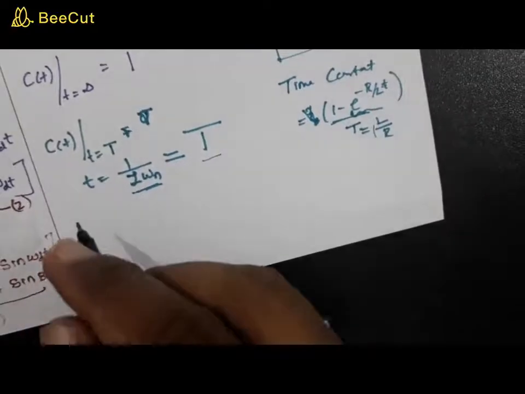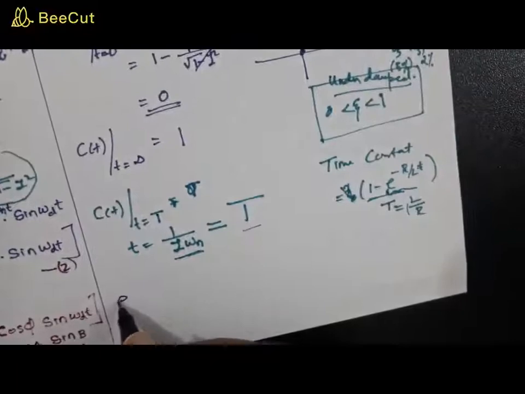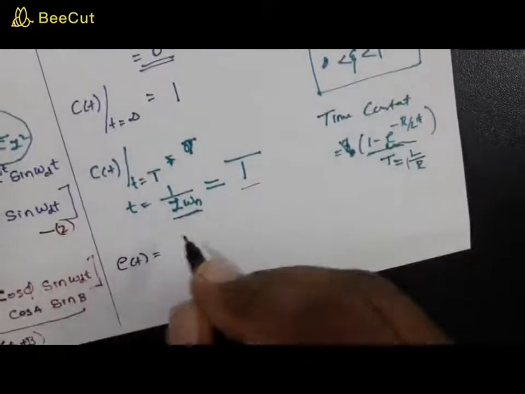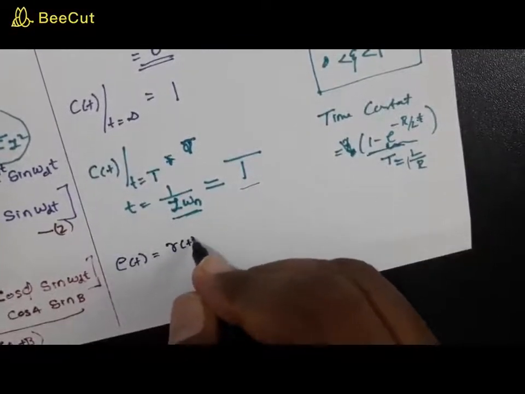Now one more point: how to find out the error. I told you that the error e of t is nothing but r of t minus c of t.